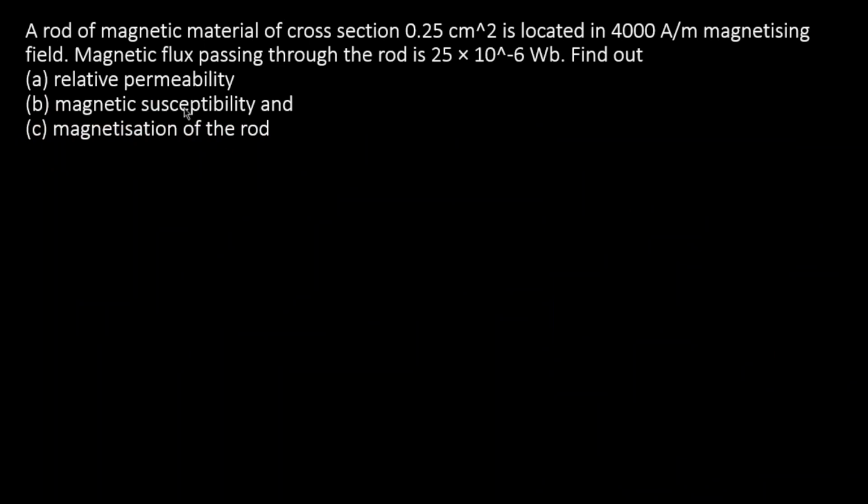A rod of magnetic material of cross section 0.25 centimeter square is located in 4000 ampere per meter magnetizing field. Magnetic flux passing through the rod is 25 into 10 raised to minus 6 Weber.